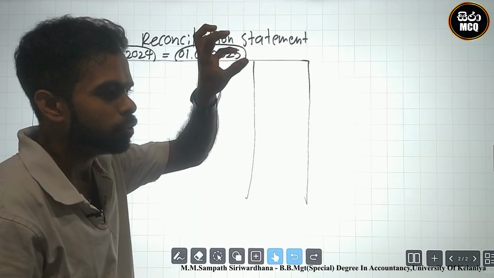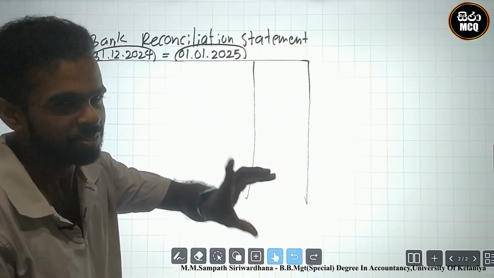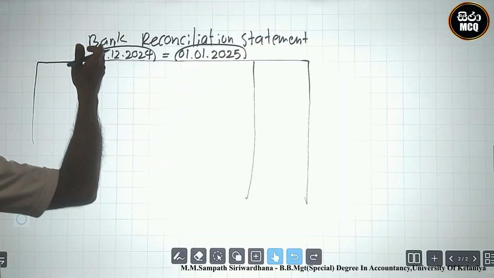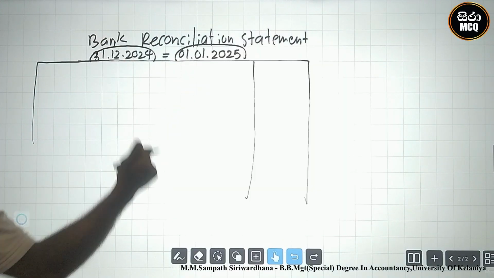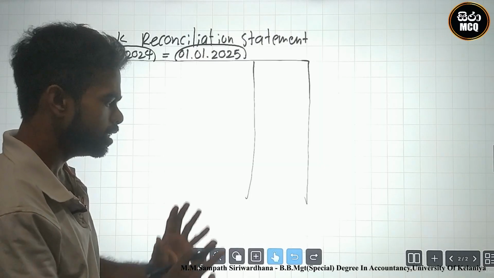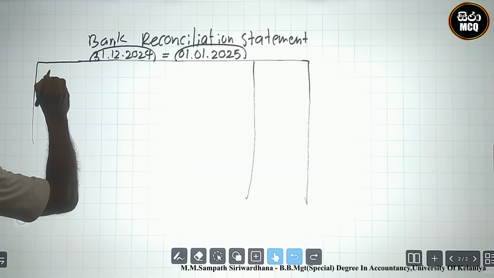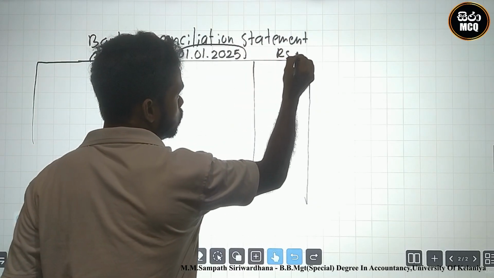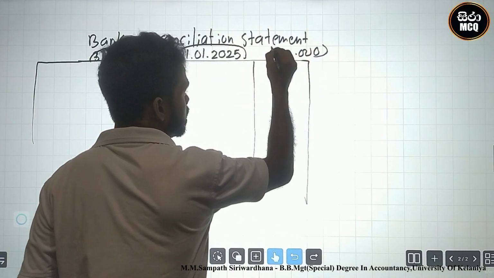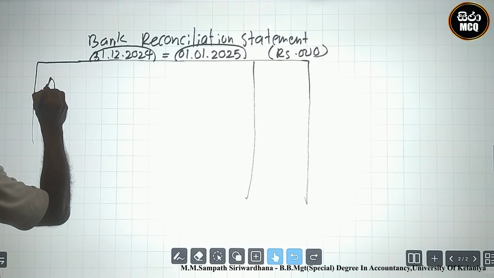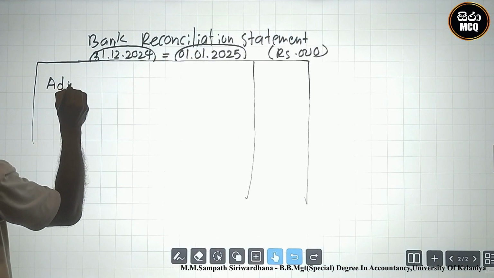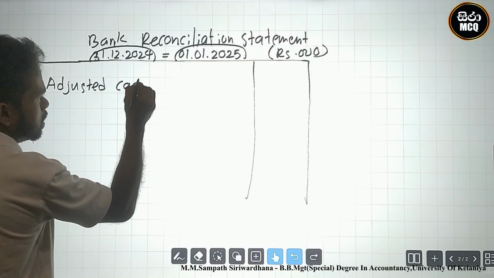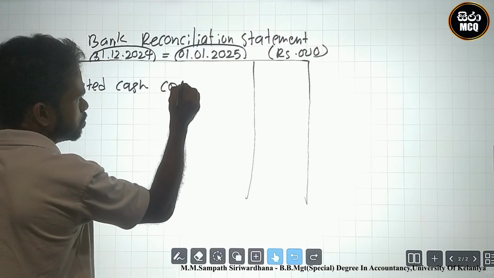And we can use this reconciliation statement for 31st December 2024. Therefore, I prepare the summary of this. Look here, you know, at the top of the bank reconciliation, what is the adjusted cash control balance, cash control.